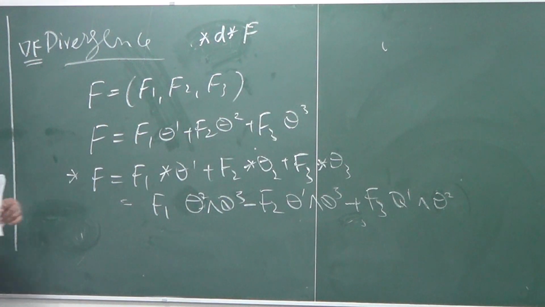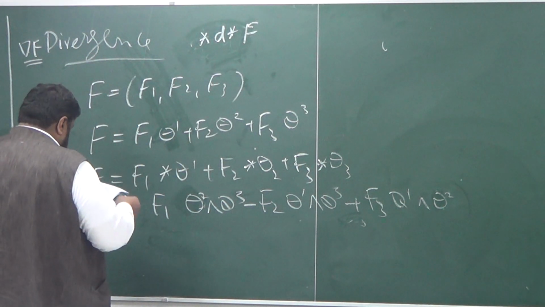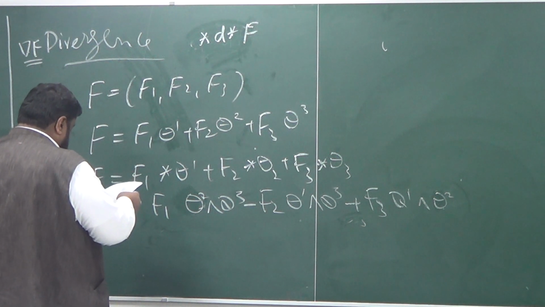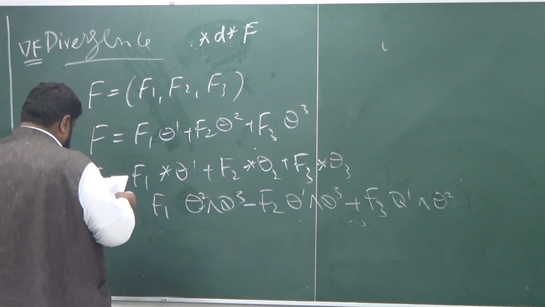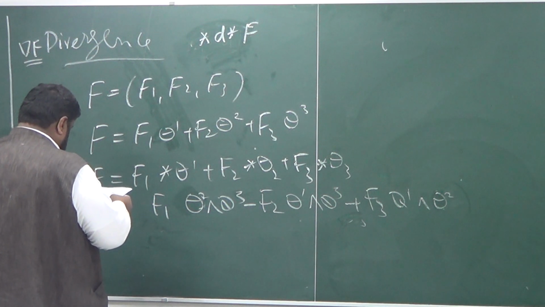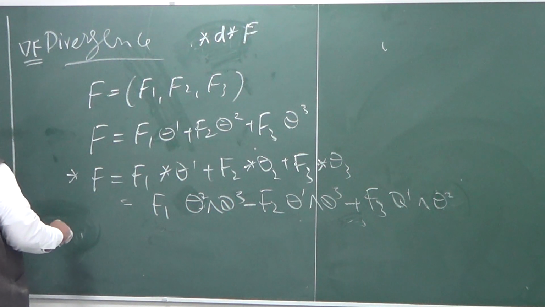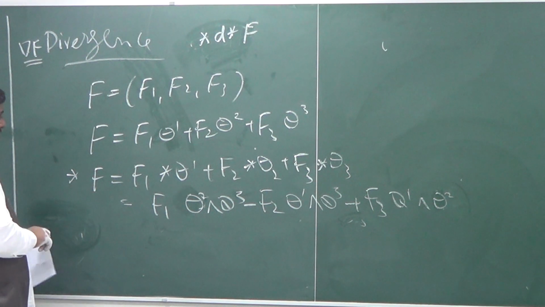Next I would like to apply D on it. Okay. I can, by the way, apply D on this directly. So if I apply D on it, what is it going to look like? Partial F1 by partial theta 1.